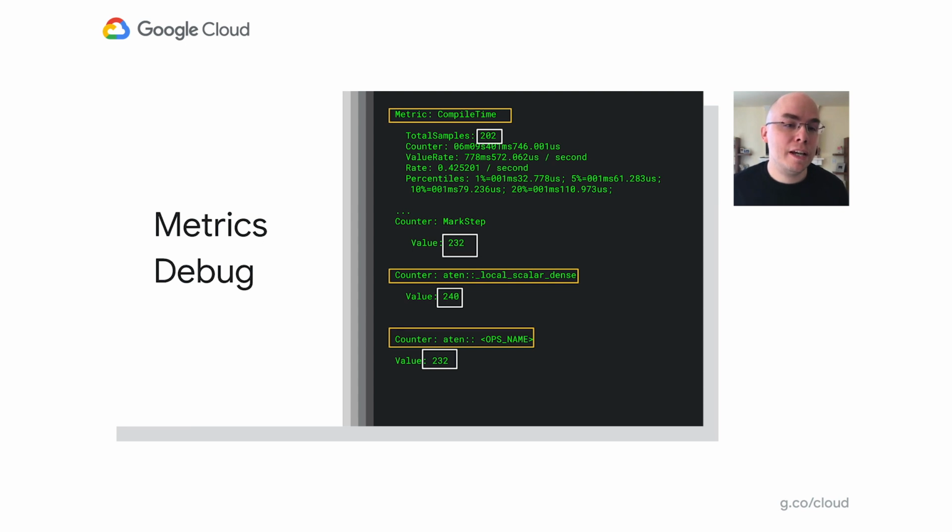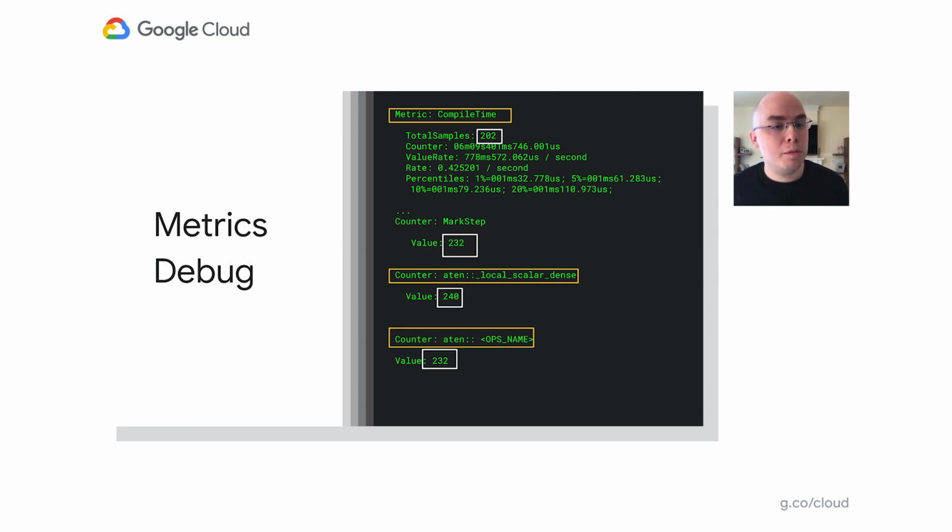Similarly, for example, in the item call problem, the context switch between device and CPU, the counter aten local scalar dense will be your friend. And in this case, you have 240 occurrences of that, and that's something that needs to be reduced to get optimal performance.